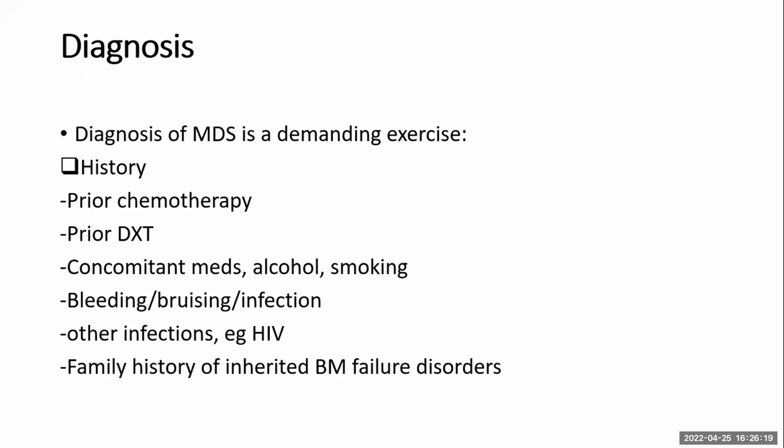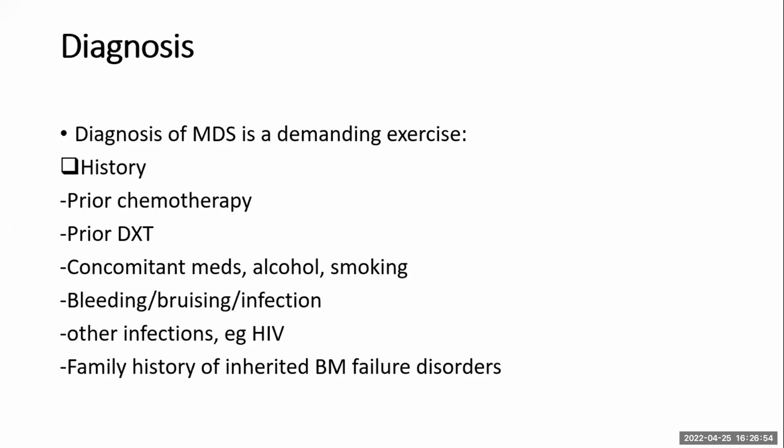And then in terms of diagnosis, like the chairpersons have alluded to, diagnosis of MDS is not a walk in the park. It is quite a demanding exercise. And this will depend on a comprehensive history that should take into consideration things like prior chemotherapy, whether the patient has had radiation before, any concomitant medications that the patient is taking, things like alcohol consumption and smoking.